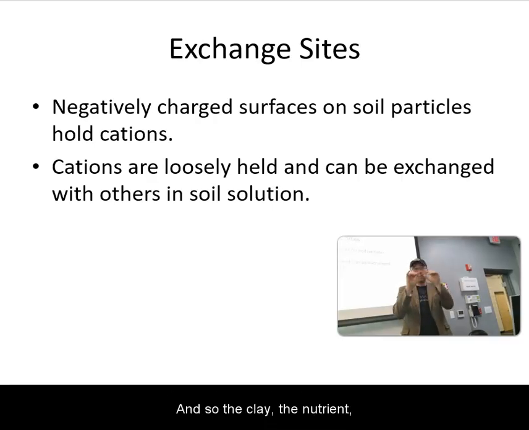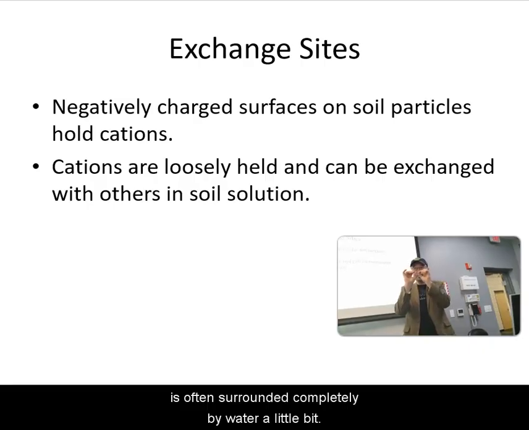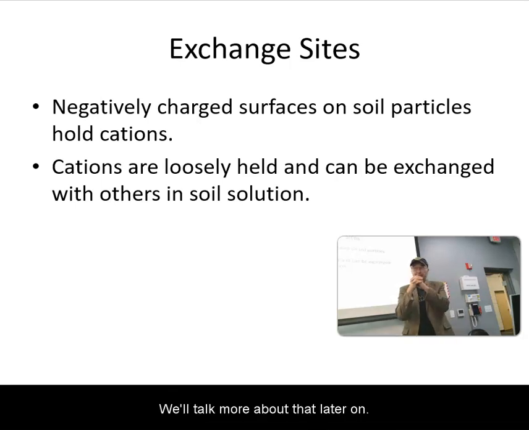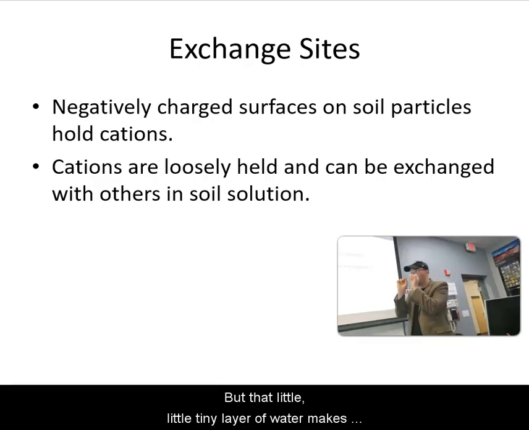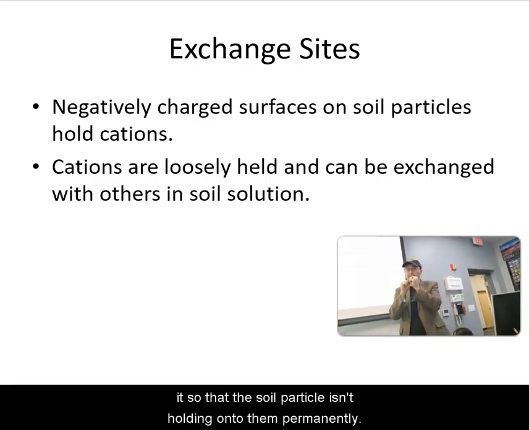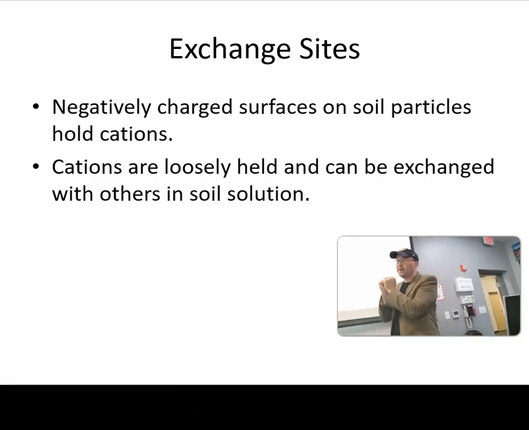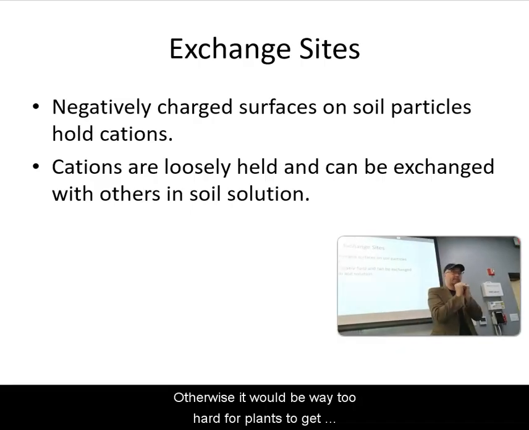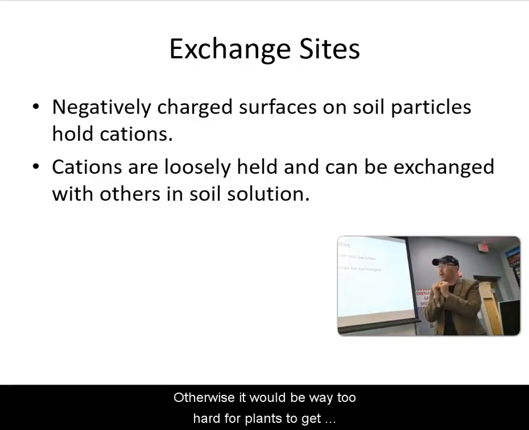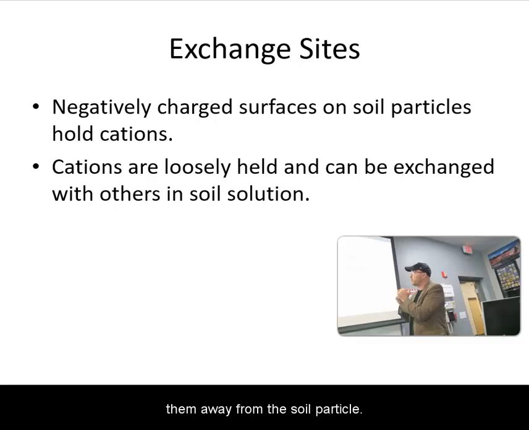And so the nutrient is often surrounded completely by a little bit of water. We'll talk more about that later on. But that tiny layer of water makes it so that the soil particle isn't holding on to them permanently. They're not permanently bonded. Otherwise, it would be way too hard for plants to get them away from the soil particle.